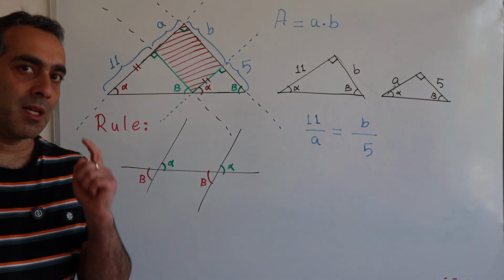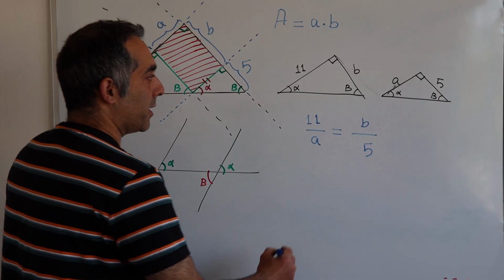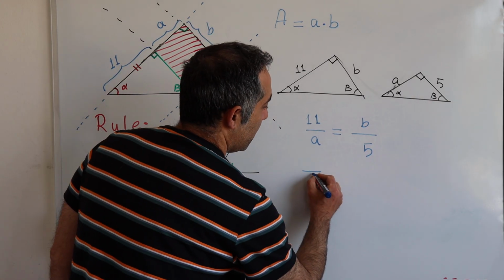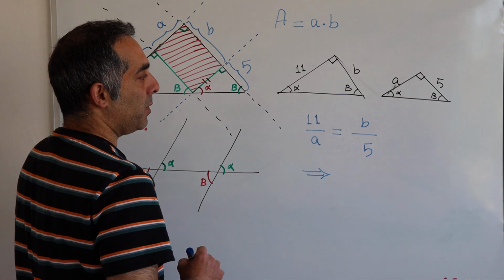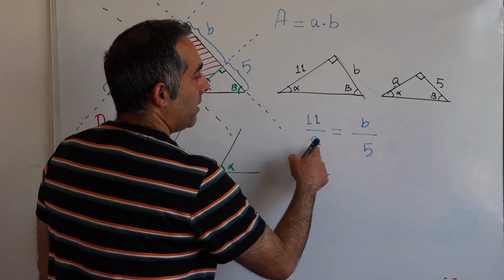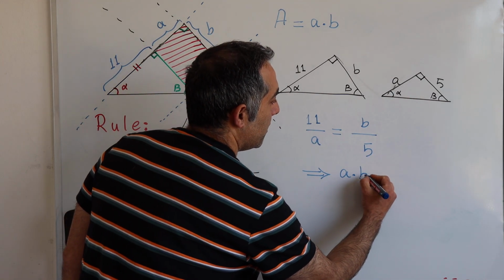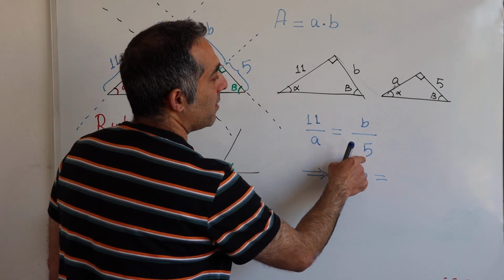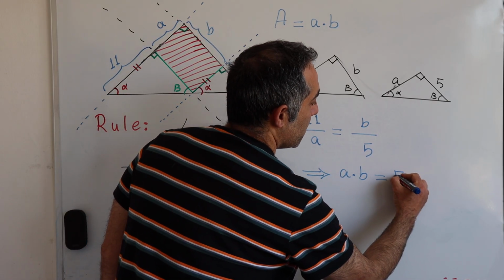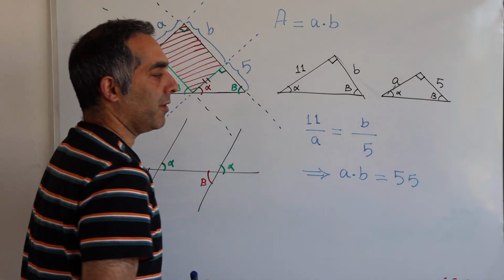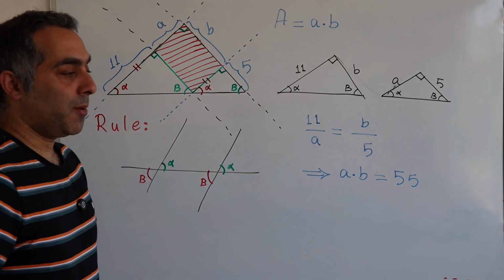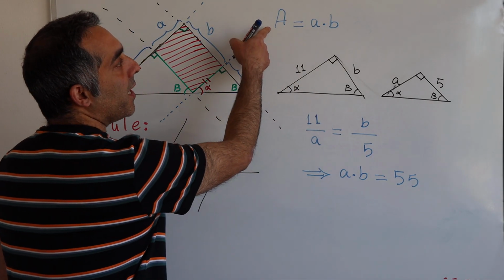Now, one tricky point is here. You can just do a cross multiplication. So A times B equals 11 times 5, which is 55. And you know, A times B is the area.